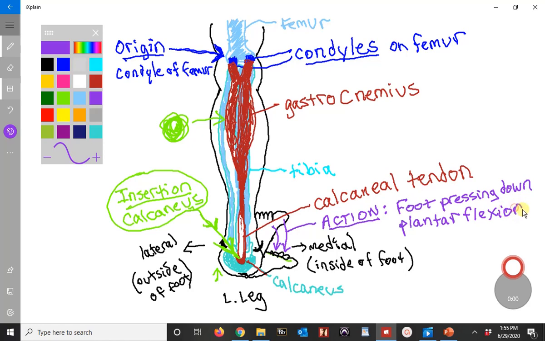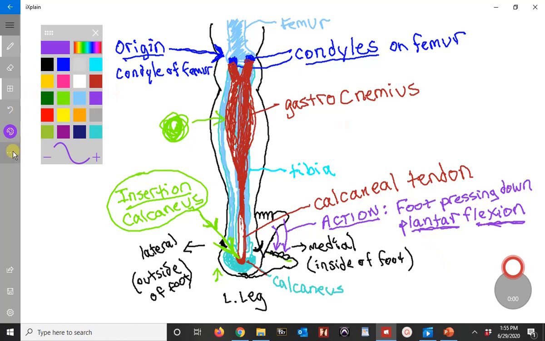Plantar just means the bottom of your foot. That's all it means. And flexion just means your muscle movement, your muscles contracting. Okay, so that's your gastrocnemius muscle.